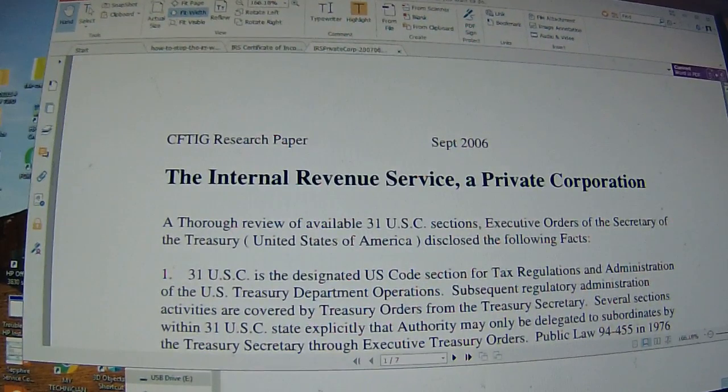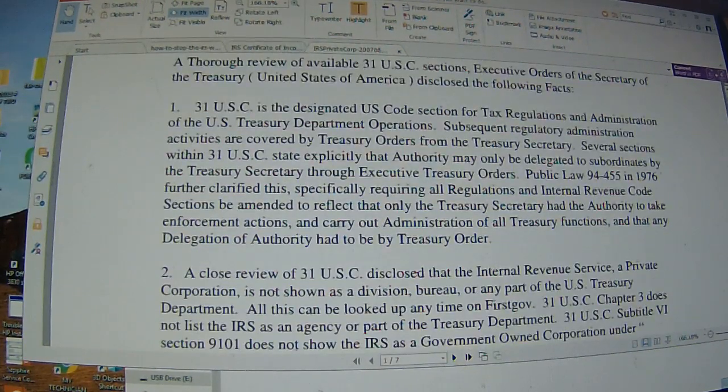All right, here we go again. Let's get a little breakdown. I'm not going to read it all because it's long. A thorough review of available 31 U.S.C. sections, executive order of the Secretary of the Treasury, United States of America, disclosed the following facts. Okay, well, what did they disclose? 31 U.S.C. is designated the U.S. Code section for tax regulations and administration of the U.S. Treasury Department operations.